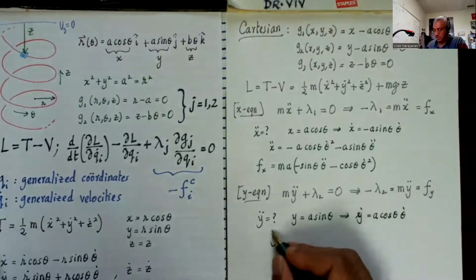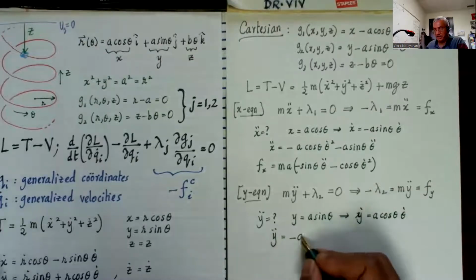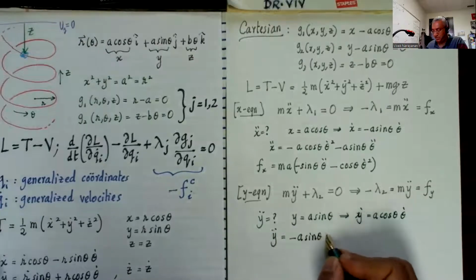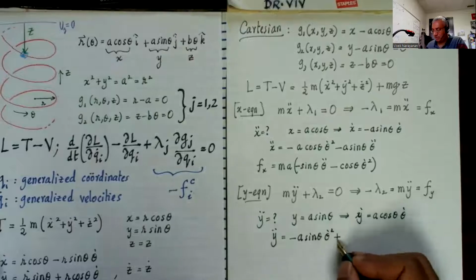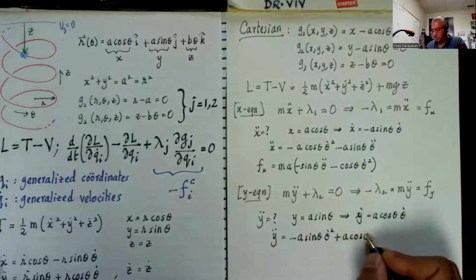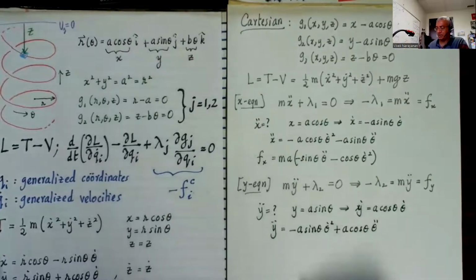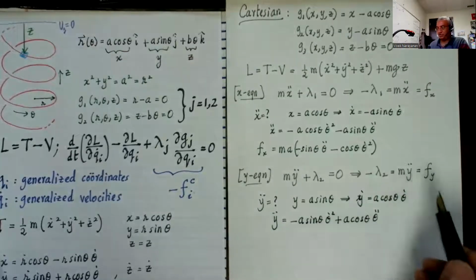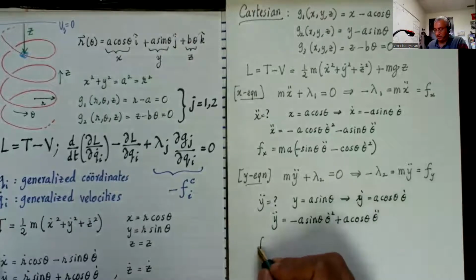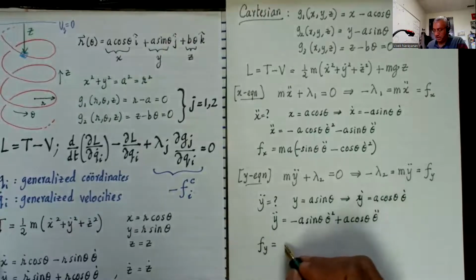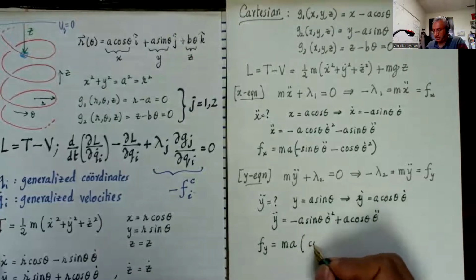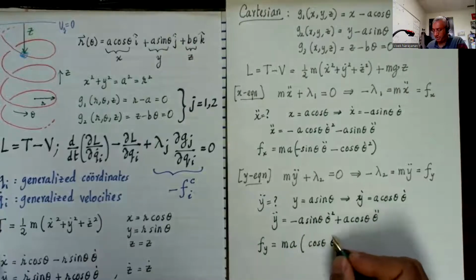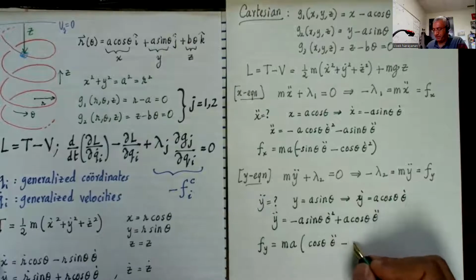And then y double dot is going to be negative a sine theta, theta dot squared, plus a cosine theta, theta double dot. And that times m is what F sub y is. So F sub y equals ma, and then I'll write the theta double dot term first, cosine theta, theta double dot, minus sine theta, theta dot squared.